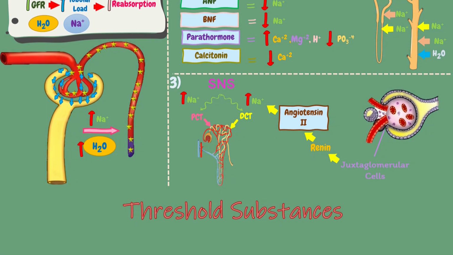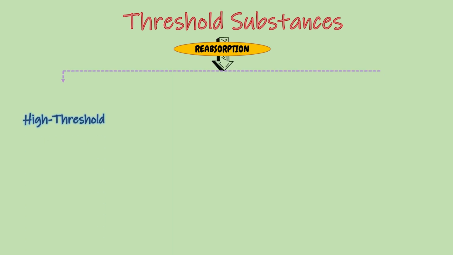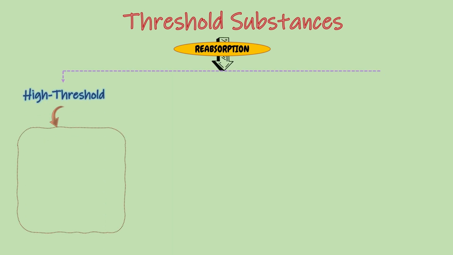Now, let's discuss the threshold substances. Depending upon the degree of reabsorption, various substances are classified into three categories: high threshold substances, low threshold substances, and the non-threshold substances. First are the high threshold substances.